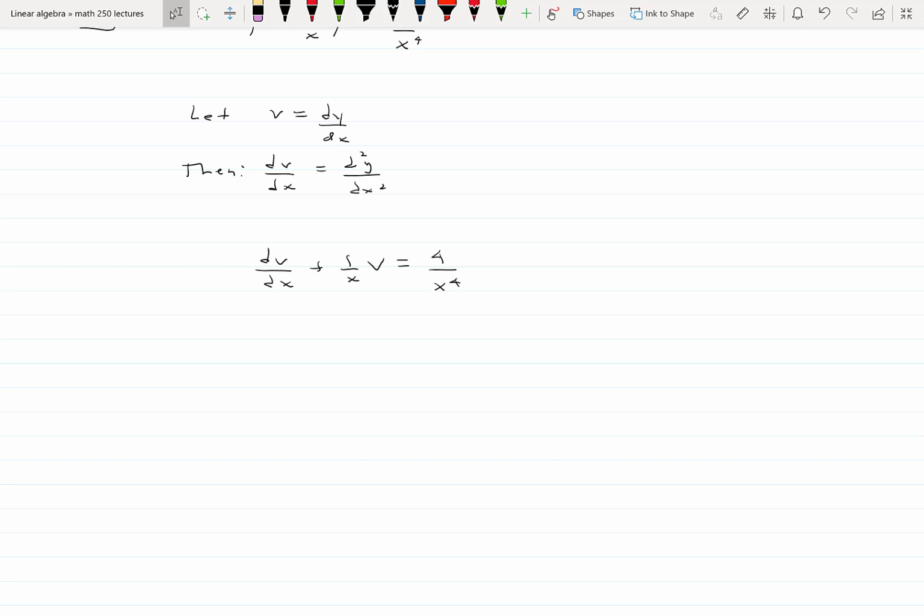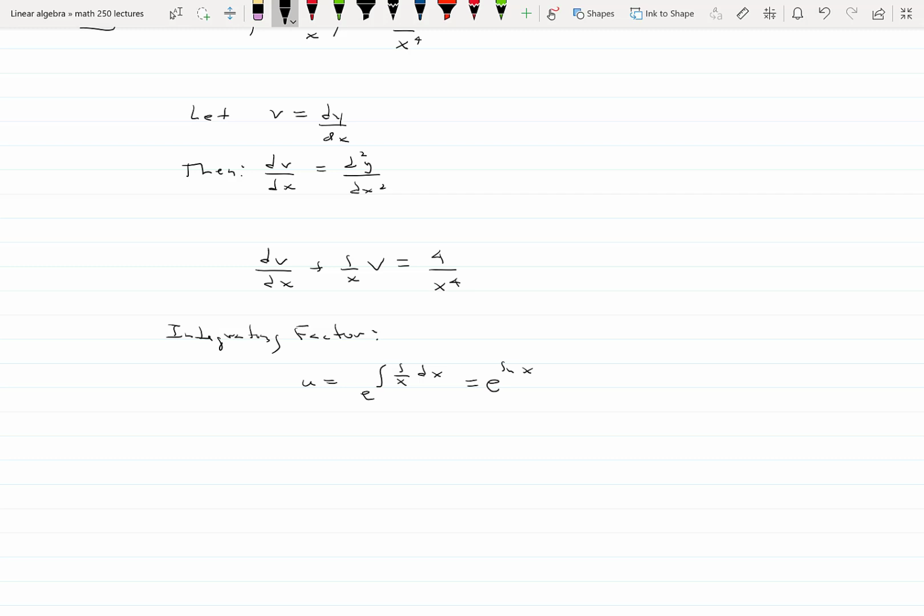So we learned in first order linear that an integrating factor, which should be pretty much automatic to you by now, is mu equals e to the integral of the coefficient of the dependent variable, in this case v, so e to the ln x.